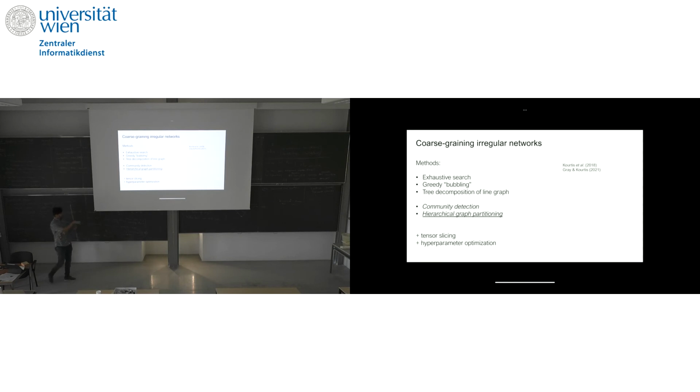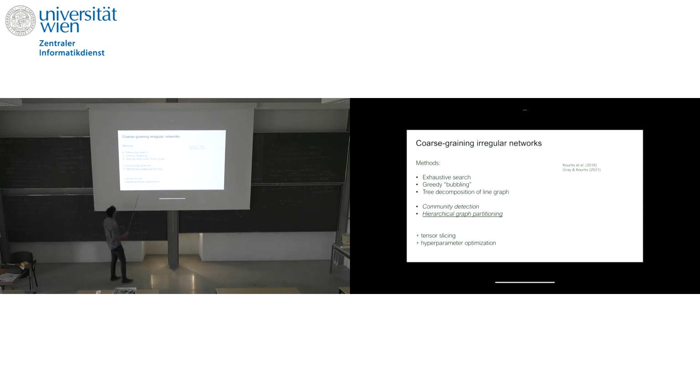You take your network, you build another graph out of it, and then based on some decomposition of that graph, you come back and you have a contraction order. That was known from the work of Markov and Shi, if I remember correctly. But again, this poses technical challenges when it comes to implementing it as an algorithm.